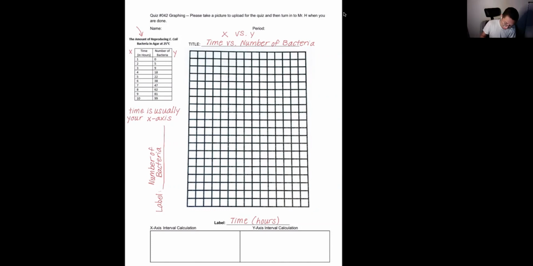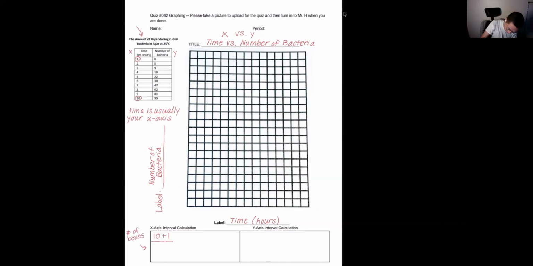I'm going to take the largest number, which is 10, and then the smallest number, which is 1. And you can either add or subtract them. So I'm going to add them. So I'm going to do 10 plus 1. And then I have to divide it by the number of boxes I will use.